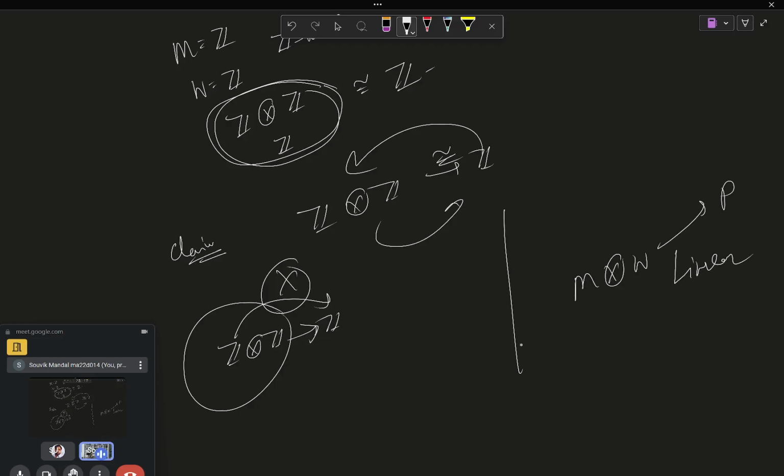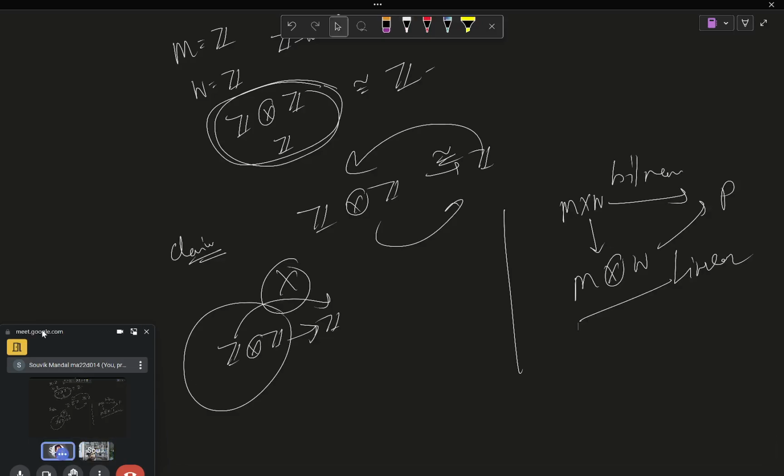Suppose we want to make some linear map from M tensor N to P. But there are big relations, that's why first we need to make some bilinear map from M cross N to P. Then this bilinear map induces a map from M tensor N to P. This is what we need to do here. Do you understand?